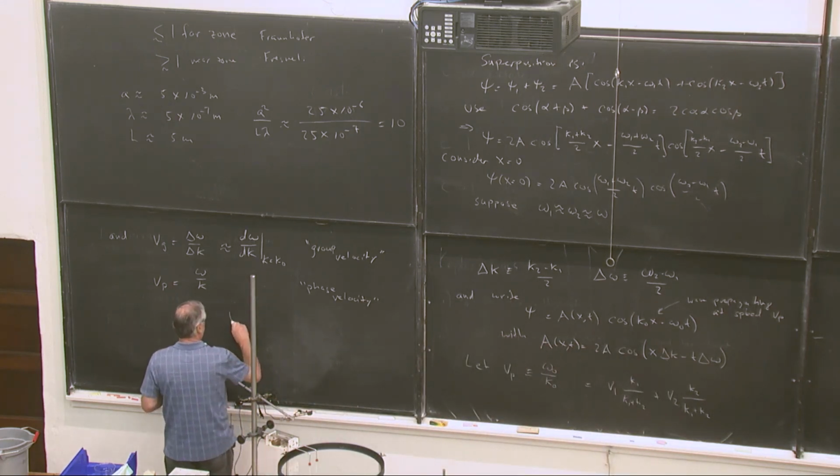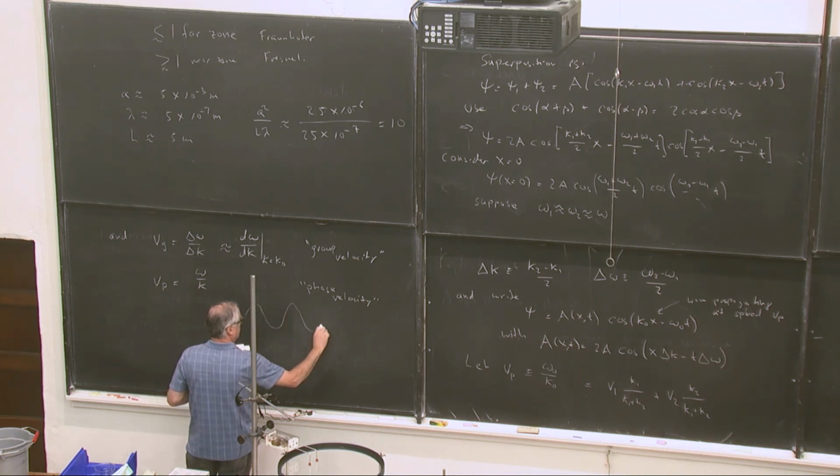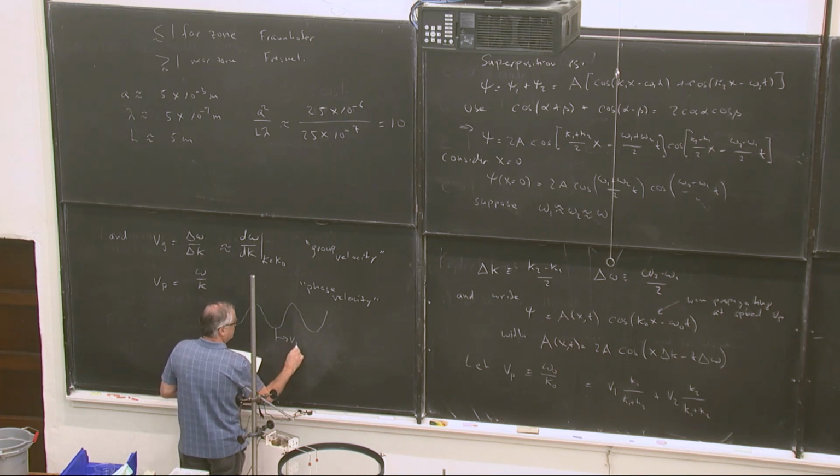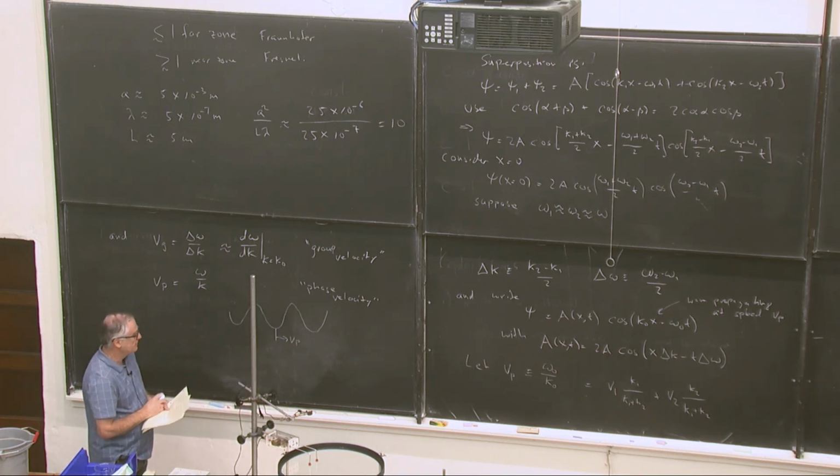So if we make our carrier wave look like this, and we pick a crest on the wavefront, that's moving along at V phase.